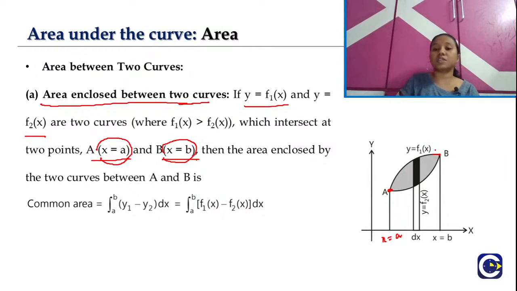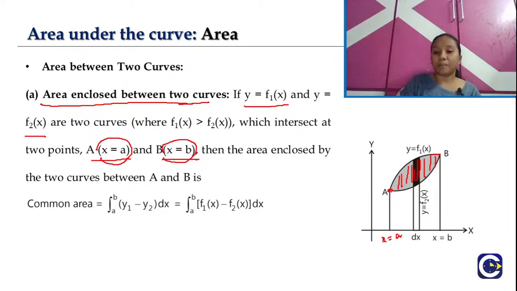If you observe, these two curves intersect at these 2 points, A and B. Now what is the area enclosed between these two curves? This entire shaded portion is the area enclosed by the two given curves f1(x) and f2(x).